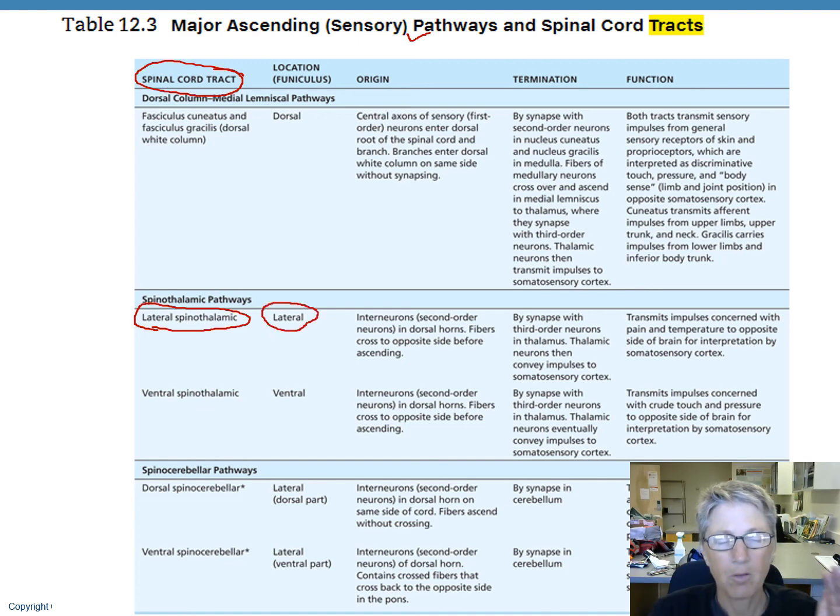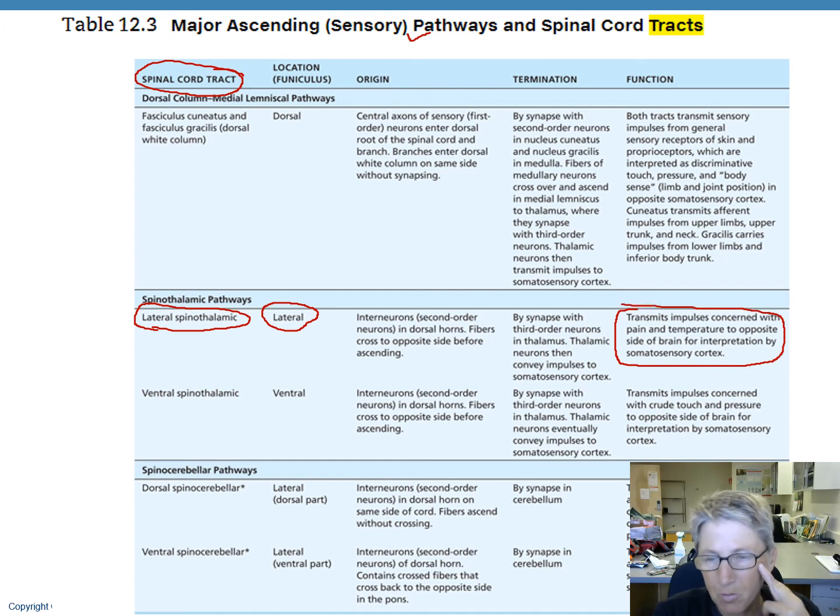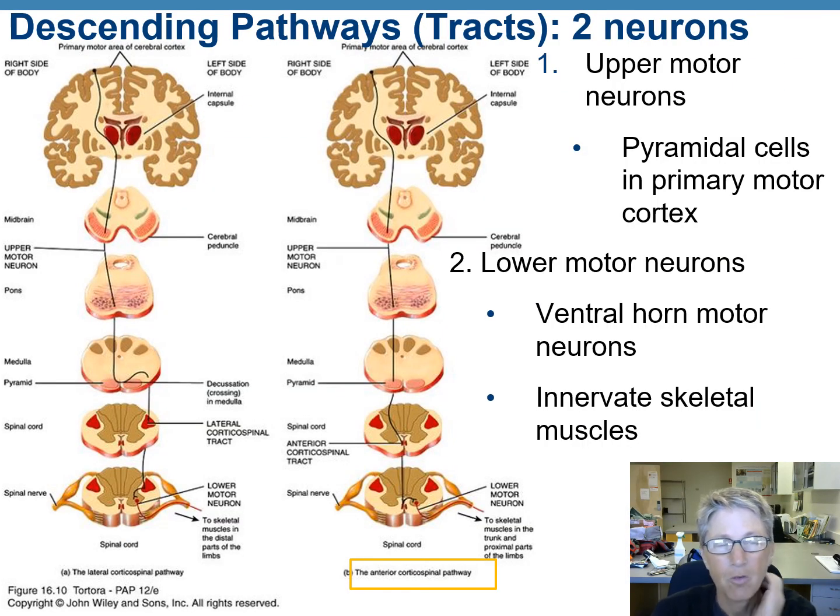Or, sorry, not the horn, it's in the lateral funiculus of the cord. And it tells you over here in this box that the lateral spinothalamic tract transmits impulses or action potentials concerned with pain and temperature. And then that information, remember, those neurons cross over to the other side of the body. So that's decussation.